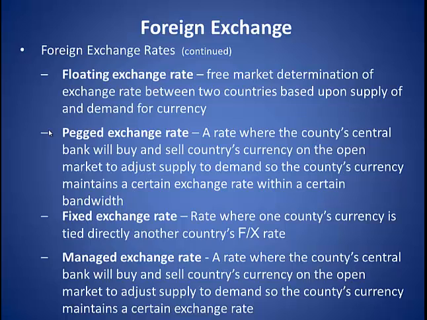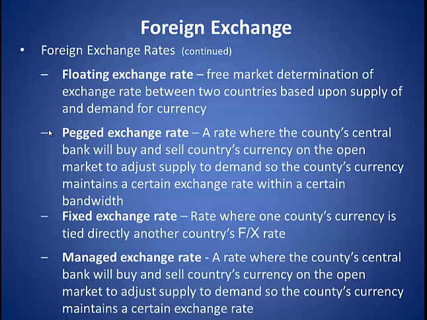Another type of exchange rate, again for a currency, could be a pegged exchange rate, a rate where the country's central bank will buy and sell a currency on the open market to adjust supply to demand so the country's currency maintains a certain exchange rate, typically within a certain bandwidth.